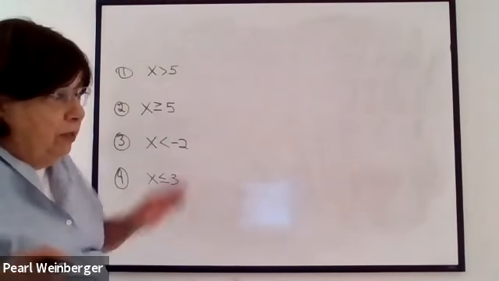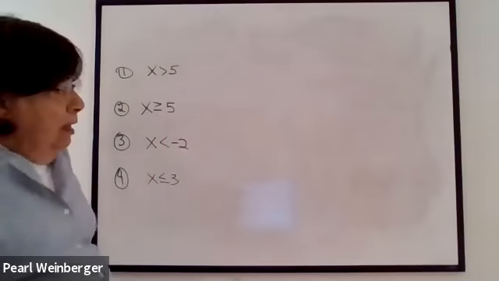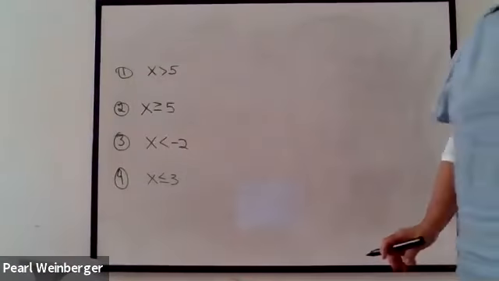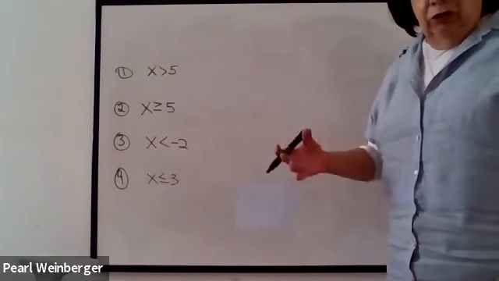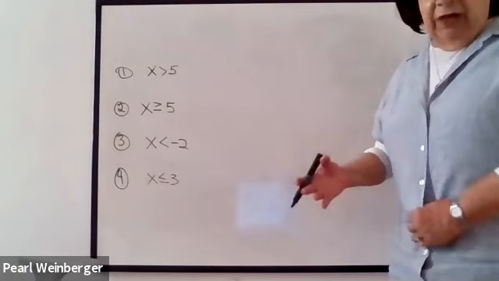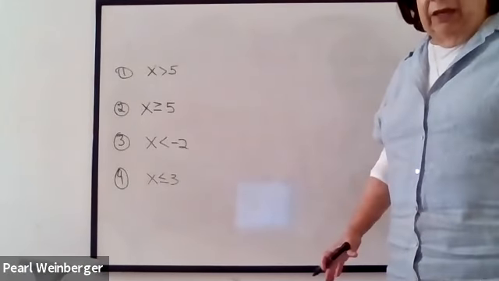X is less than -2 means it has to be smaller than -2. Now, the difference between inequalities and equations is that usually with an equation, we have one answer. Sometimes we even have equations that have two answers, but it's a very limited number of answers.